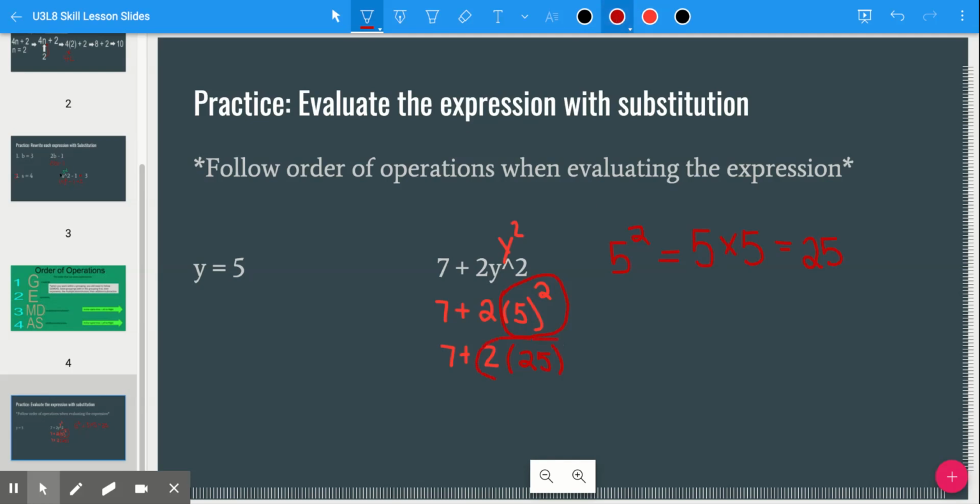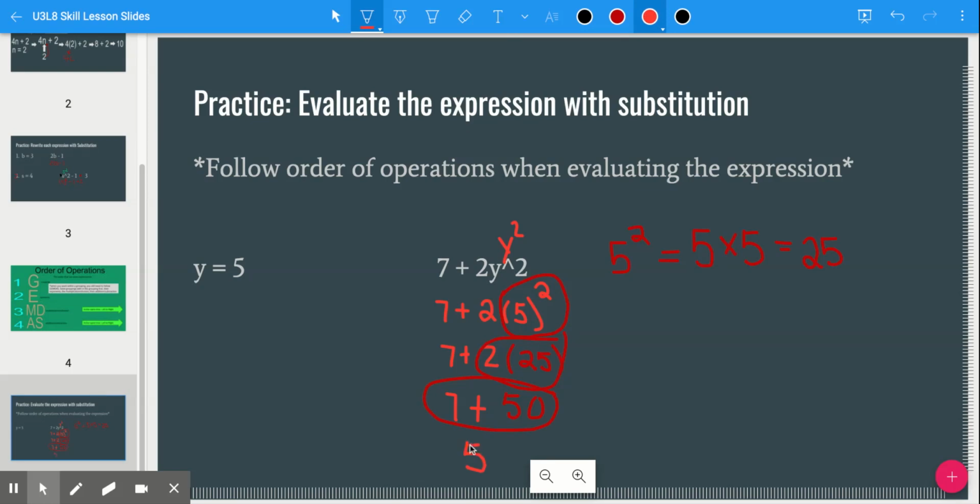That's my next step. All right, 2 times 25 is equal to 50. So 7 plus 50. All right, the last thing that I have left is addition or subtraction. I do have an addition problem right there. So I'm going to circle what I'm working on. And 7 plus 50 is 57.